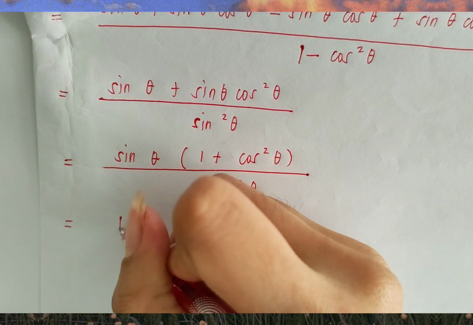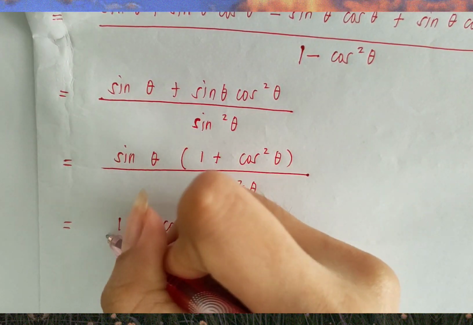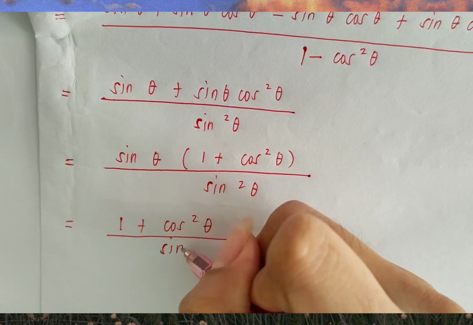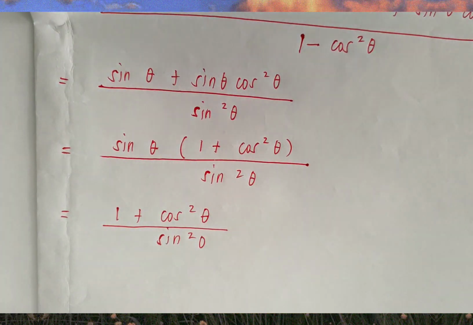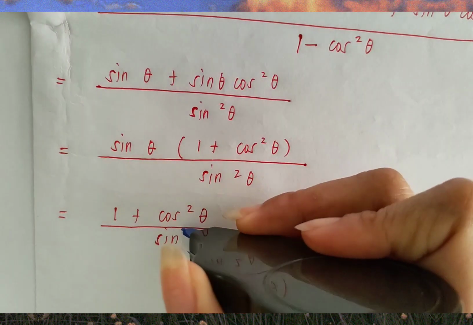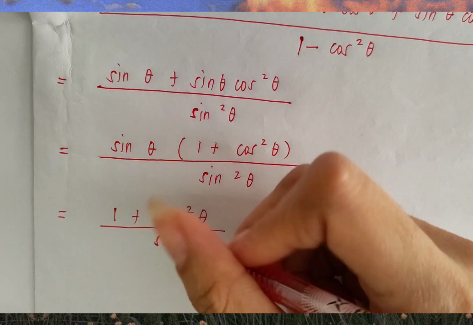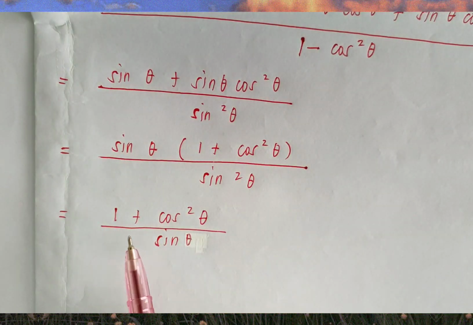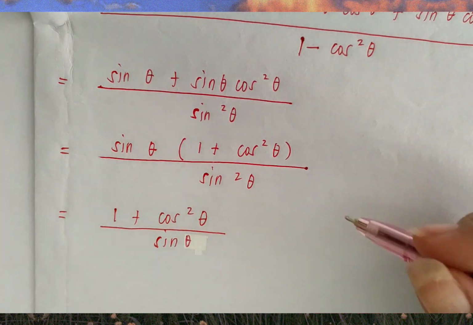Next, we have 1 plus cosine squared theta all over your sine squared. The squared will be removed already. 1 plus cosine squared theta all over sine theta.